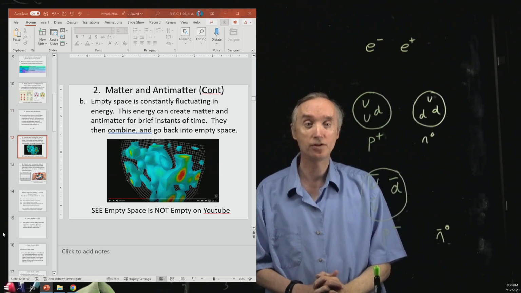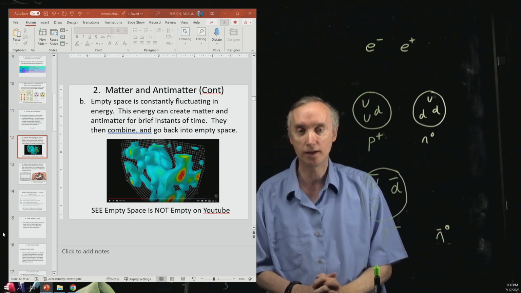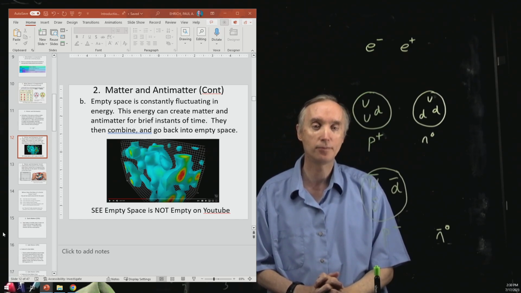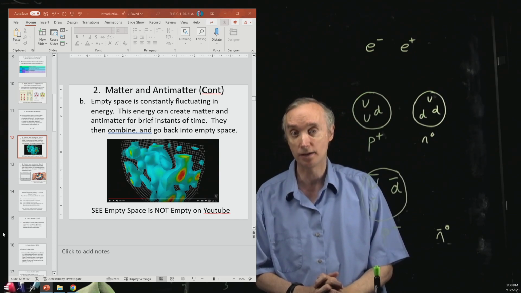So we have just shown that when matter and antimatter come together, they make energy. So could we take energy and turn it into matter and antimatter? And the answer is yes.